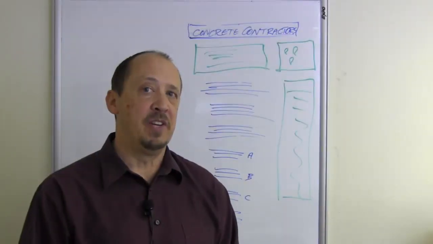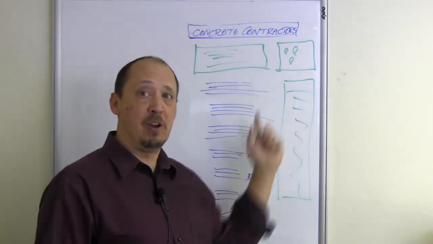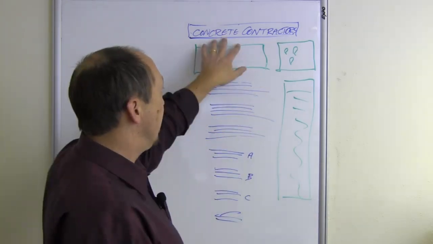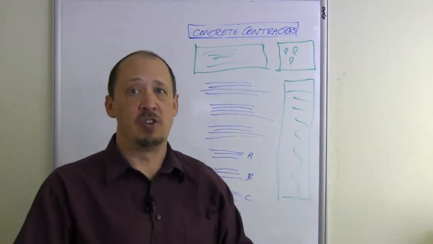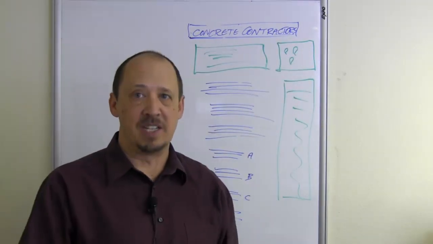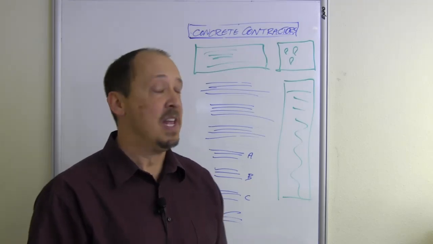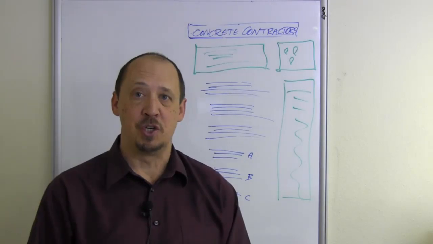Now, the one other thing you need to know is how Google determines which map is going to show up here and which area of local results they're going to display. You'll notice that in this example, I didn't type in concrete contractors Las Vegas, which is where this search is being conducted. It's in Las Vegas. So I didn't even have to put Las Vegas in for the Las Vegas map to show up.